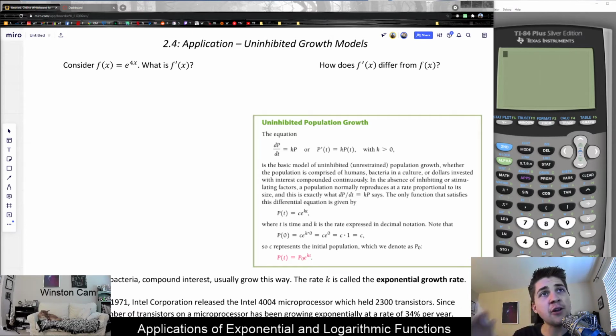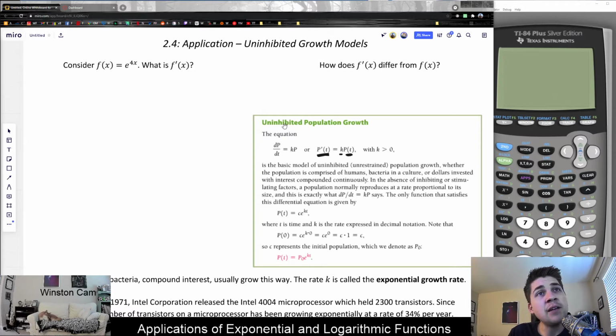Now, if we look at the excerpt from our text, it says the equation dP/dt is equal to kP, or P prime is equal to kP. What this is saying is that the derivative of the function should be equal to a number k times the original function itself. It goes on to explain what that means, but I'll try to put it in my own words.